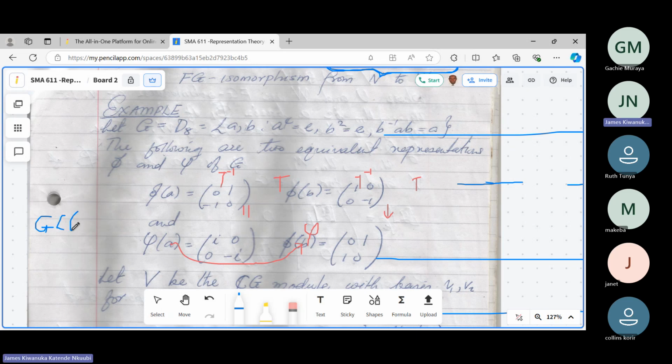The field is the complex numbers, because you have some complex numbers in here. Sorry, you start with the degree, which is n. So here, the general linear group is over the complex numbers for this example. Pay attention to that as you go through this example.